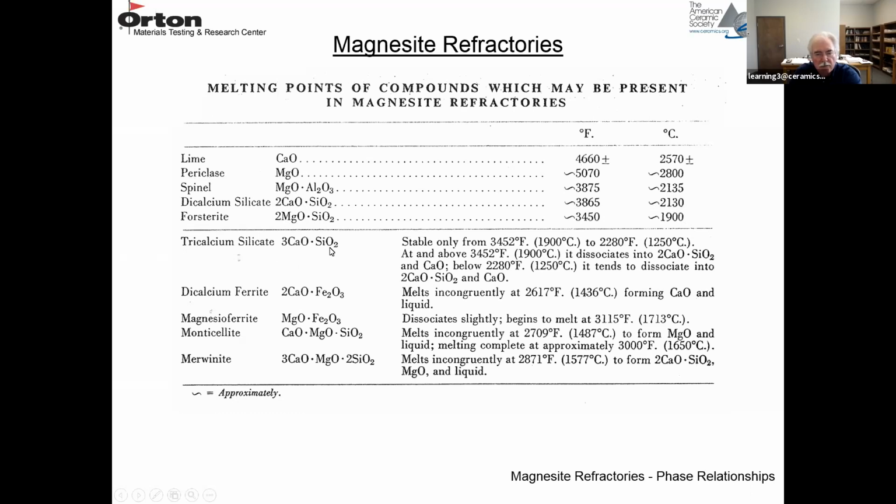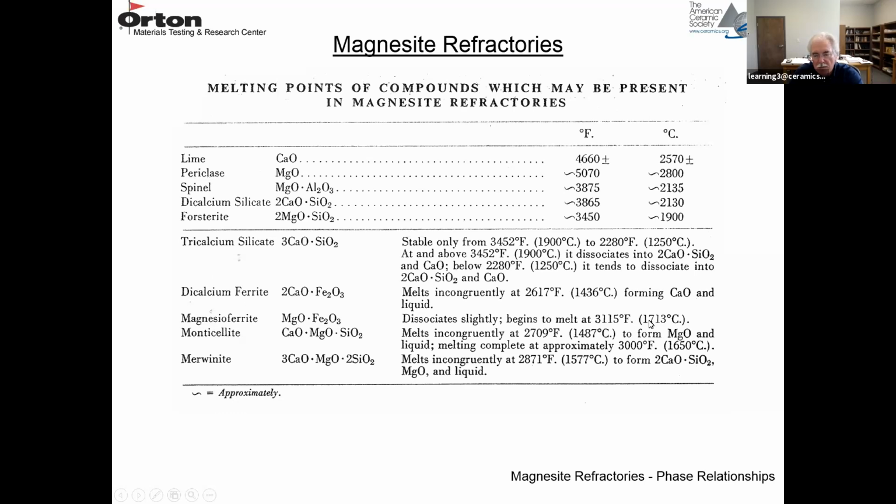The tricalcium silicate is stable at high temperatures, but tends to dissociate into dicalcium silicate and lime at temperatures below 1250 degrees C. You also have Fe2O3 present, and that can form a dicalcium ferrite, which melts at 1436 C. You can form magnesioferrite. The Fe2O3 can combine with MgO.